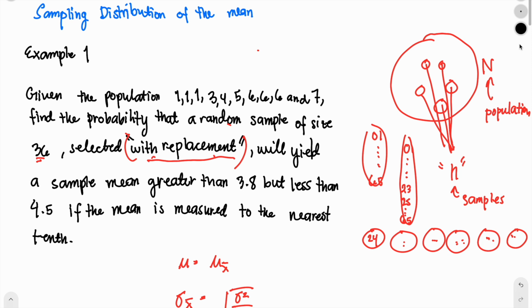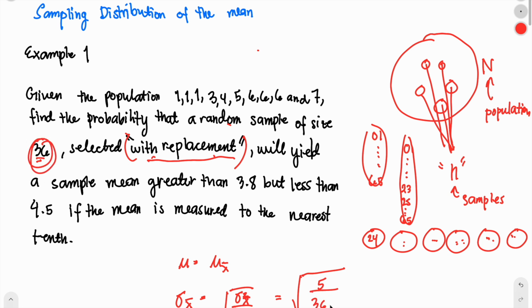Okay, so now we have our variance is 5. Sigma squared x bar is 5 over what is our n? What is our sample size? Our sample size is 36.